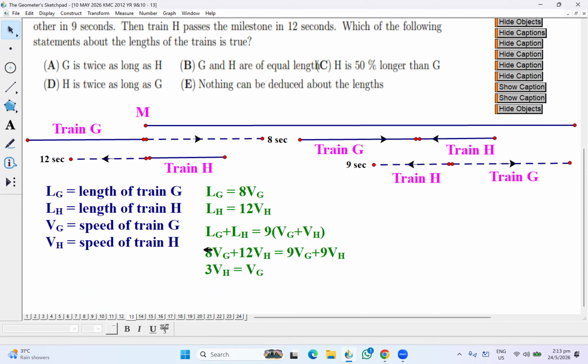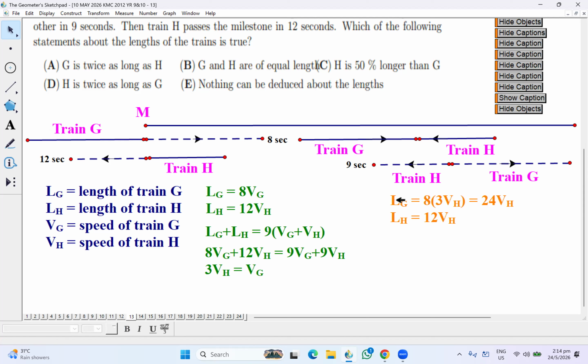Then we substitute LG and LH from equations 1 and 2. 8 VG plus 12 VH is LG plus LH. After calculation, you notice that VG is 3 times VH, so train H is 3 times slower. Then we continue to calculate the length.